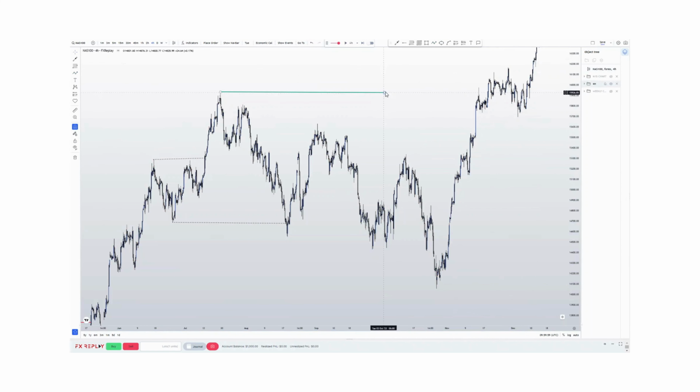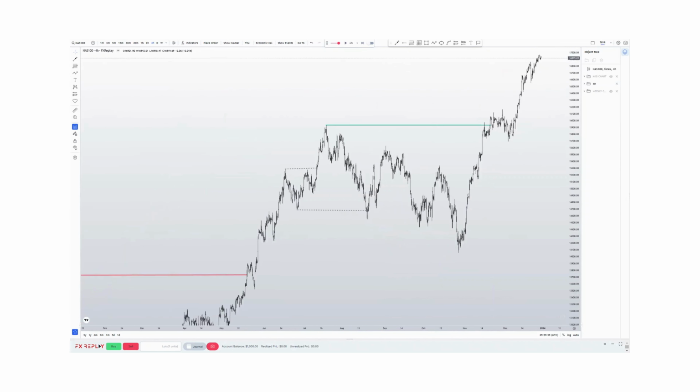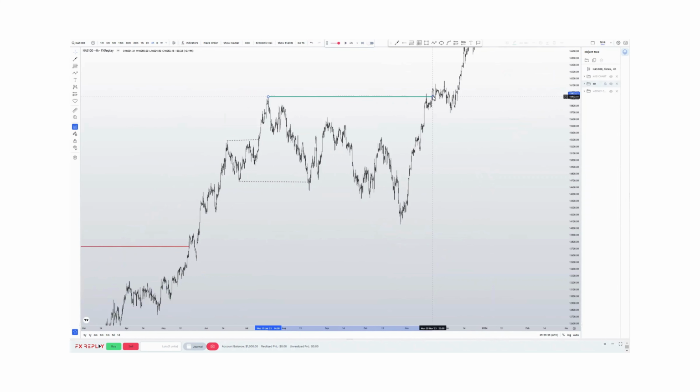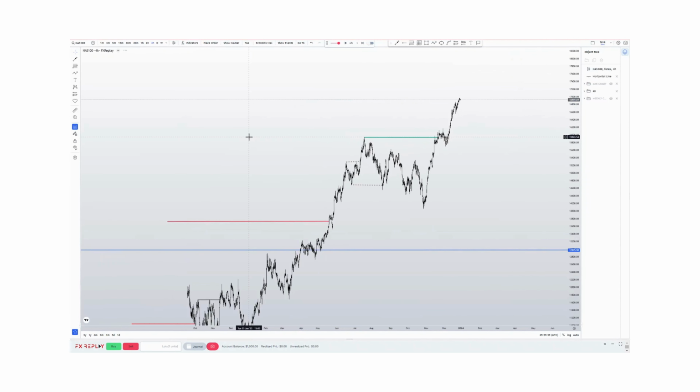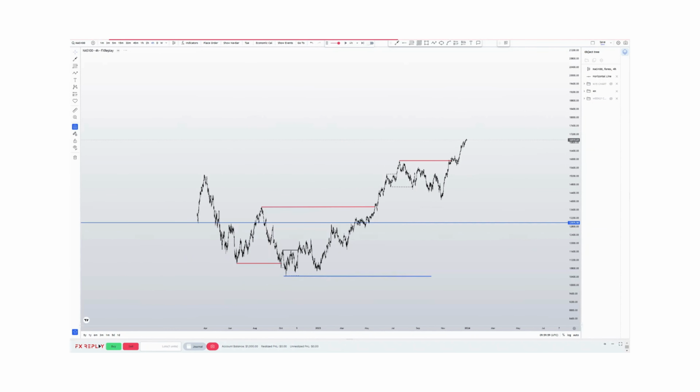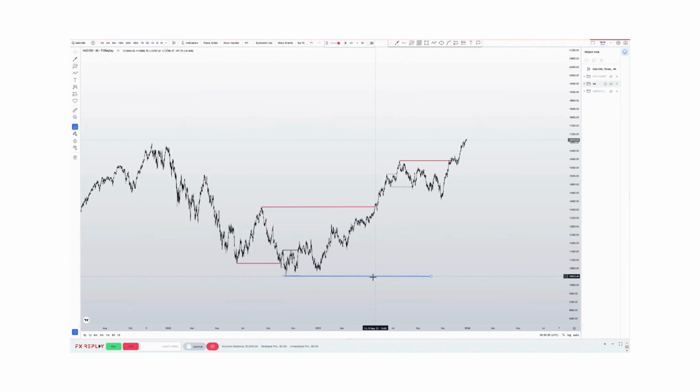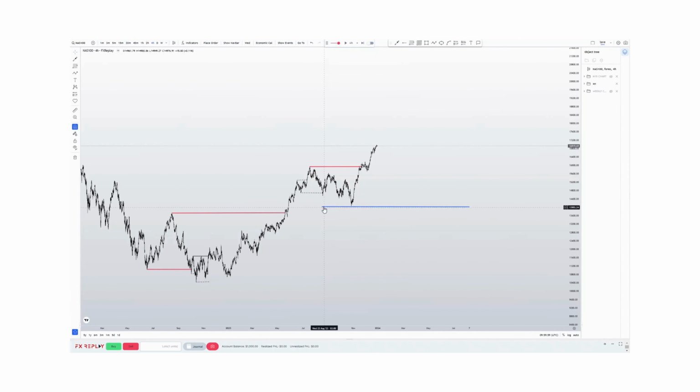So on the H4 we have this as the break of structure, and we have a protected swing, shifting from this point to that low.